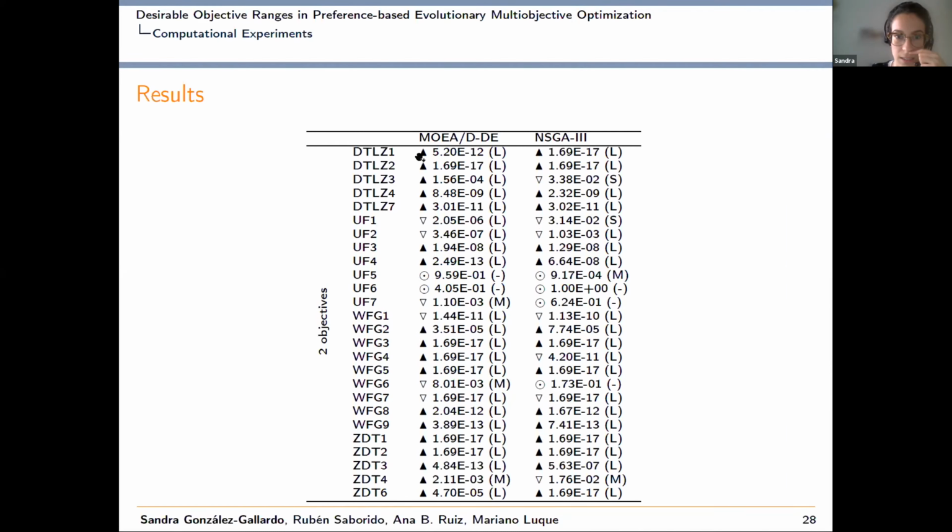In this black triangle, it means that E of our proposal is better than, in this problem, in contrast to this algorithm, the NOAD. And the effect size of the differences between the hypervolume in our algorithm and this algorithm is large. Okay, I got it.